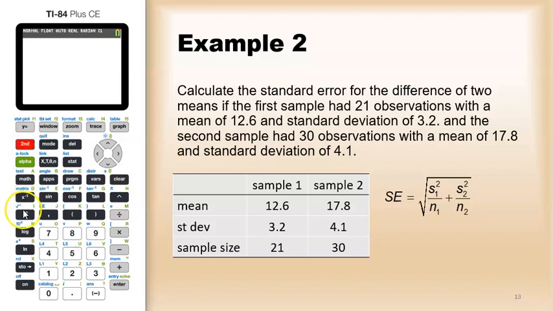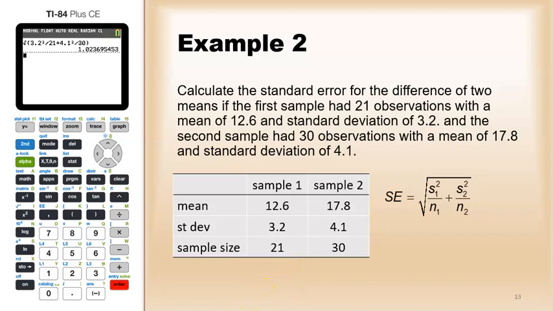So, square root, I take the standard deviation of the first sample, so 3.2 squared, divided by the first sample size of 21, plus the other standard deviation, 4.1 squared, divided by the other sample size, 30. So that comes out to a standard error of 1.02.